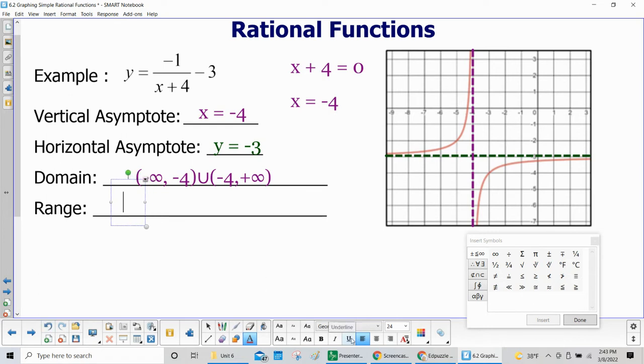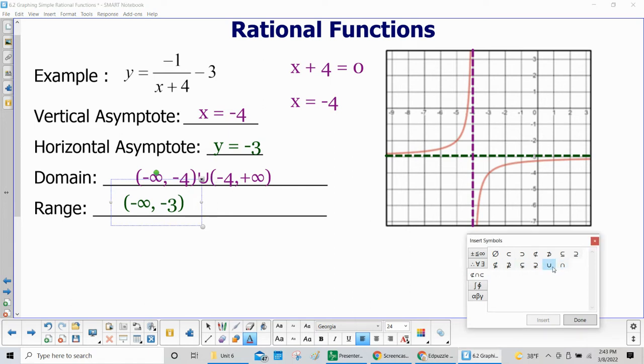So then same thing for our range, from bottom to top. Remembering from the bottom, the lowest this is going to get is -infinity. It would keep on going down. And then we see we kind of get a split, and then it goes up to infinity. So it splits at that -3. So we have -infinity to -3. And then we're going to say also on the other side, oops, wrong one.